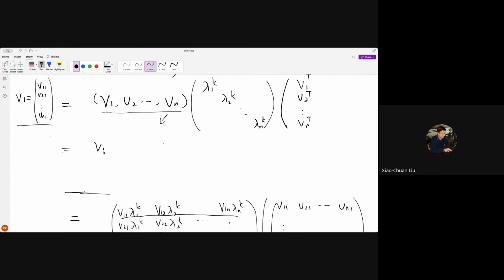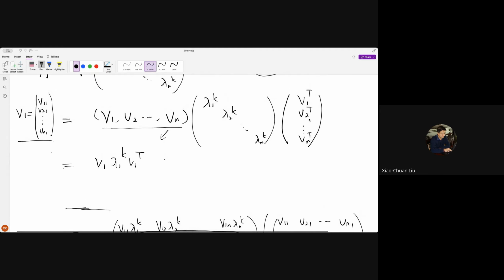You have V1 lambda 1 to the power of K times V1 transpose. Okay, so this is not a number, it's a vector, and plus V2 times lambda 2 to the power of K V2 transpose here.